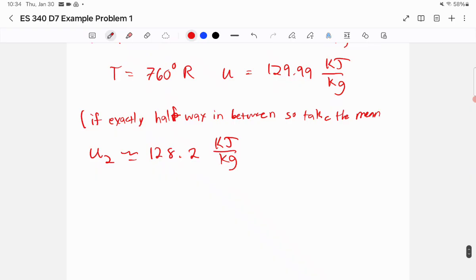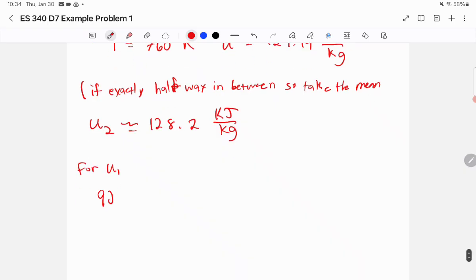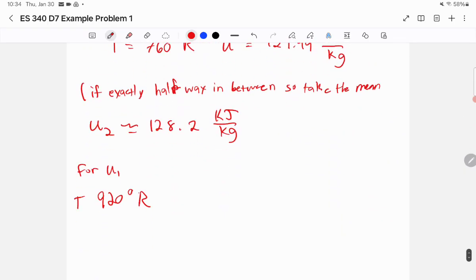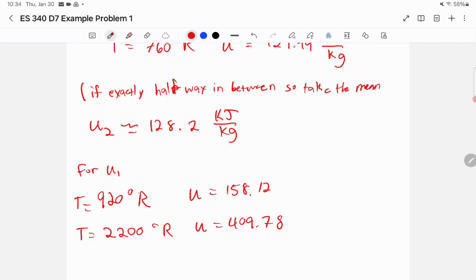Now we need another interpolation for the other one, for U1, because as you'll see, at 920 degrees Rankine and 2200 degrees Rankine, we have U equal to 158.12, and the other one equal to 409.78.